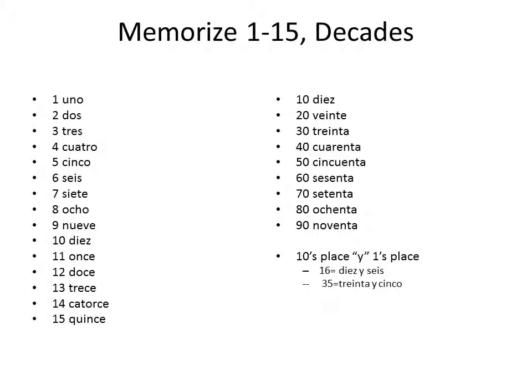So, as we learned in 4th grade, when we're dealing with numbers, it's important to memorize our numbers 1 through 15. We need to know those in and out of order, and to also know our decades, the numbers 10, 20, 30, 40, 50, etc. So, the numbers 1 through 15 are 1, 2, 3, 4, 5, 6, 7, 8, 9, 10, 11, 12, 13, 14, 15.